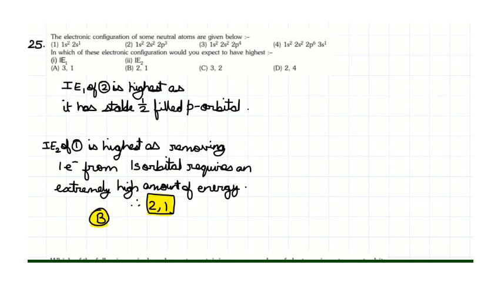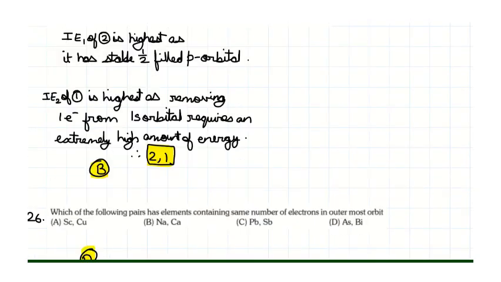We know that the IE1 of the second atom is highest because it has a half filled p orbital, which makes it more stable than the rest. The ionization energy 2 for 1 would be highest because removing one electron from 1s orbital requires very high amounts of energy. Thus, we have option B as the correct answer.